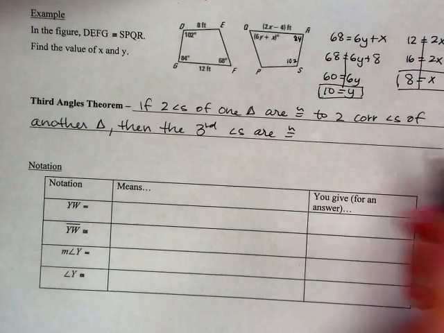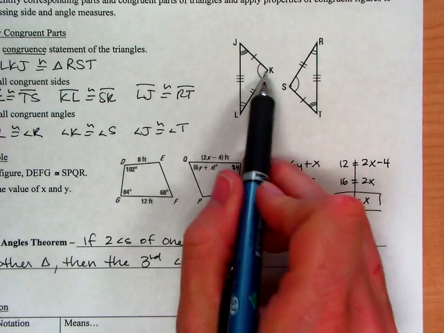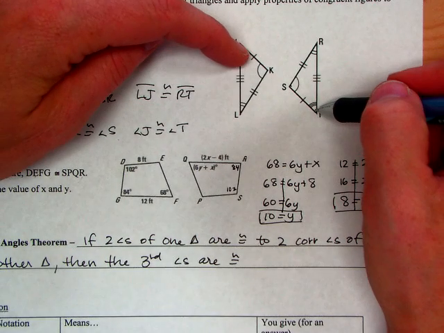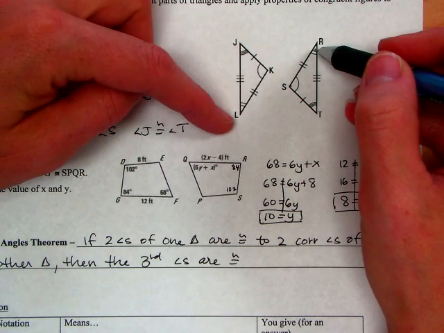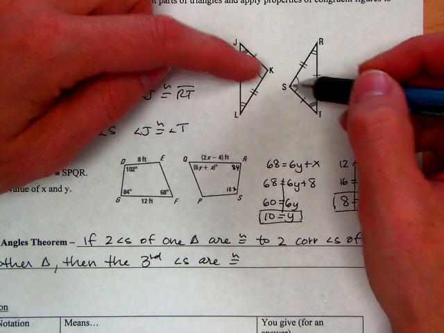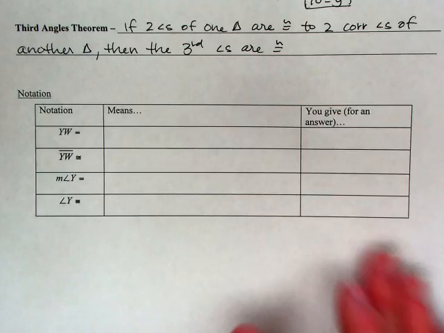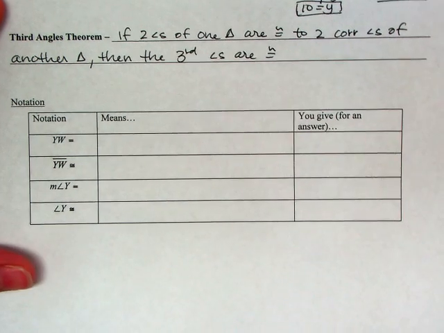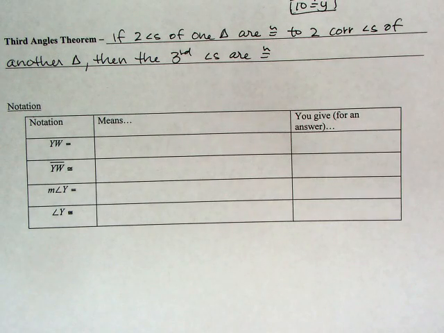It kind of just says if I know that K and S are equal and J and T are equal, automatically R and L have to be, because they would both have to be the same amount as long as these guys are as well. So it's just kind of saying if you know two of the angles are equal, then the third one's got to be.